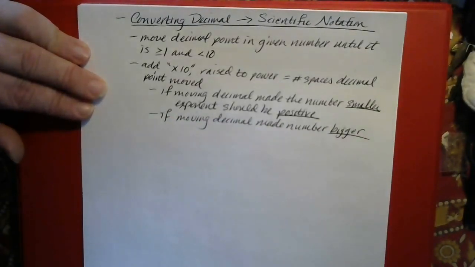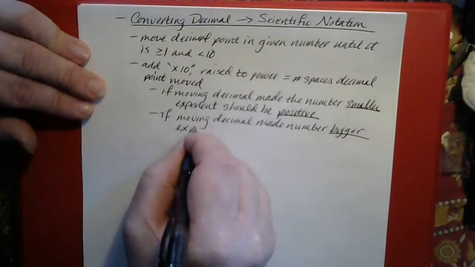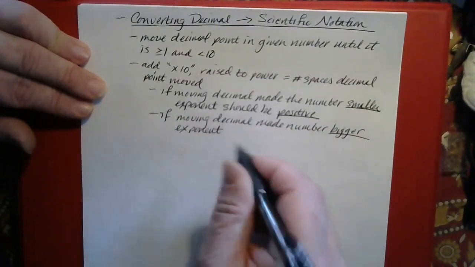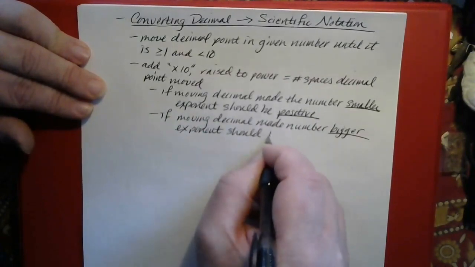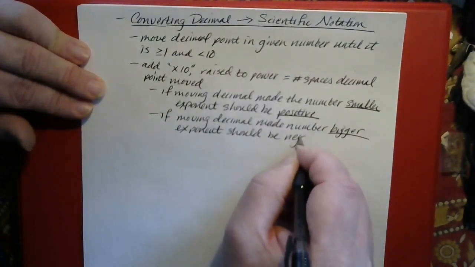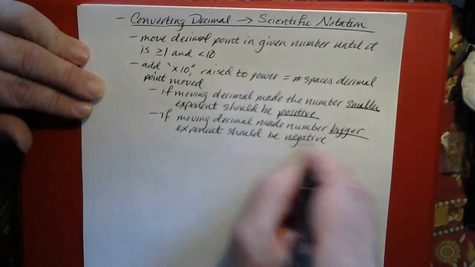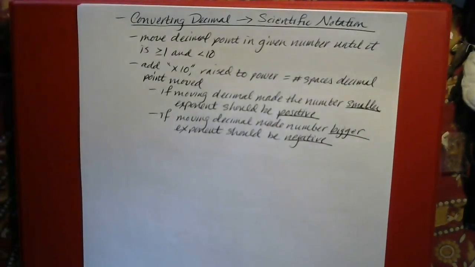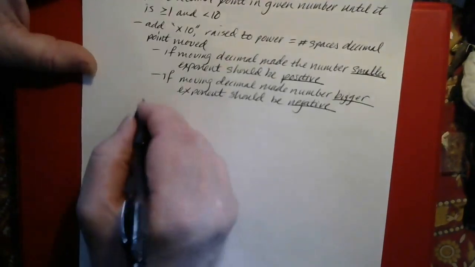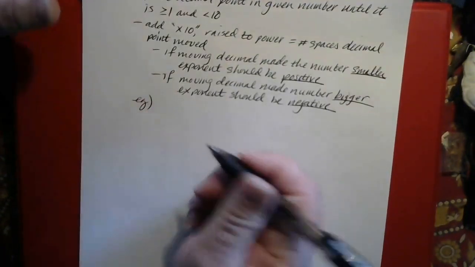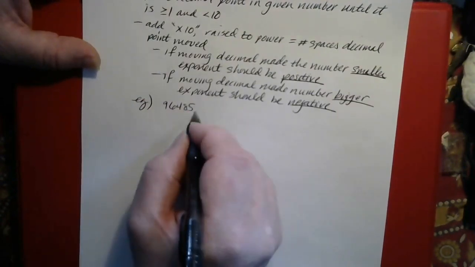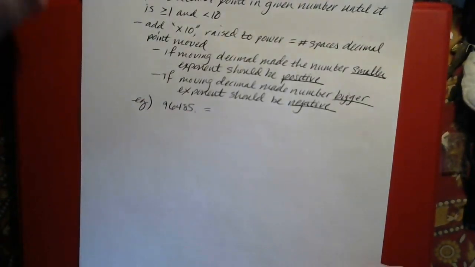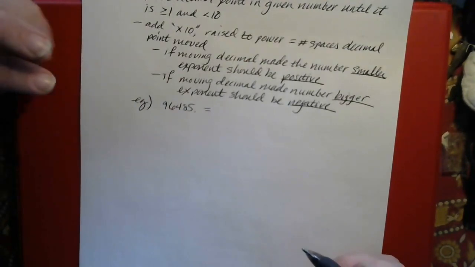If moving the decimal point makes the number bigger, then the exponent should be negative. An example of that would be the number 96,485.